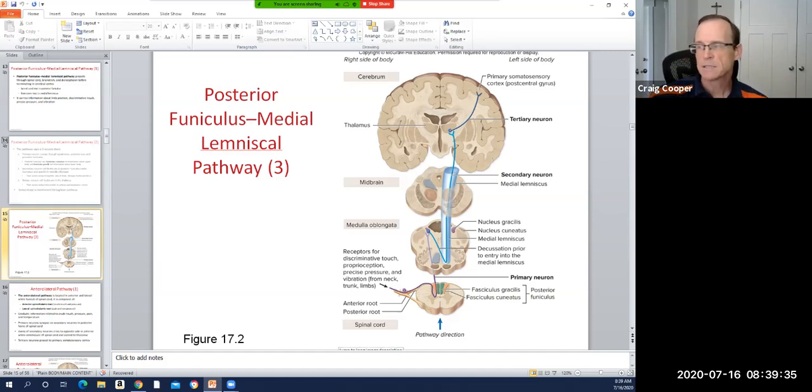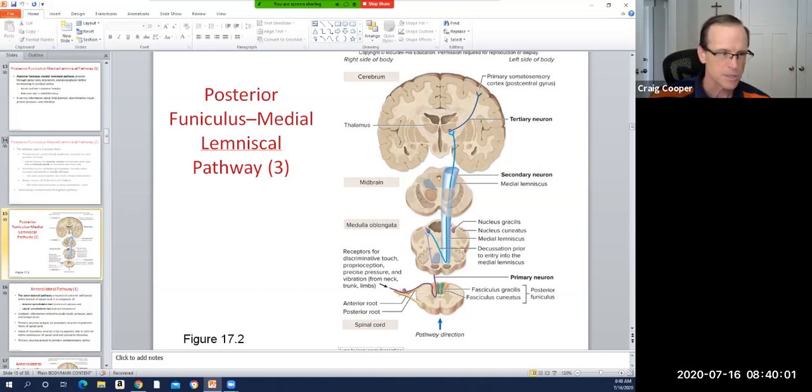And then once it hits the thalamus, which we see in this top picture, that thalamus is going to have an additional neuron there that says, oh, I need to send that information to the part of the brain that recognizes that this is my right arm that is getting touched. And so then that's going to synapse in the post-central gyrus to give us that sensory information and help us accurately locate and recognize in our brain, where is that on my body taking place?